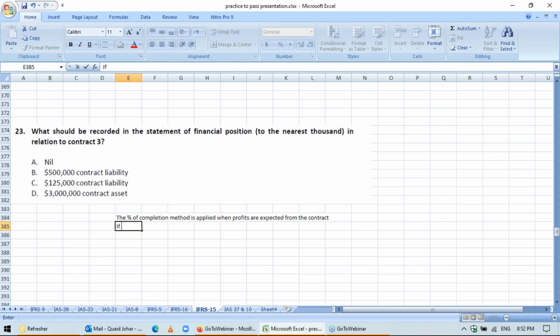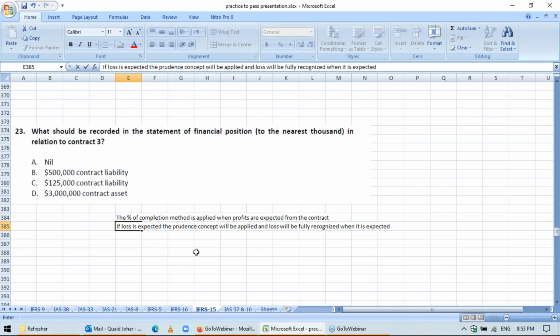If a loss is expected, the prudence concept will be applied, and the loss will be fully recognized when expected.